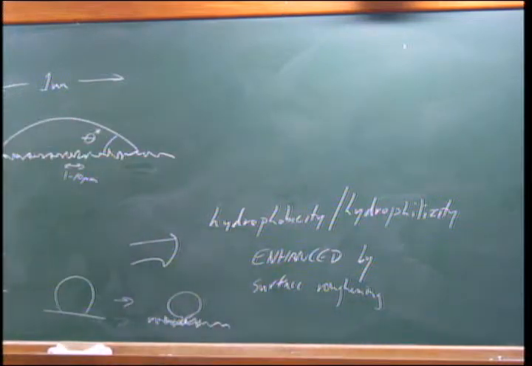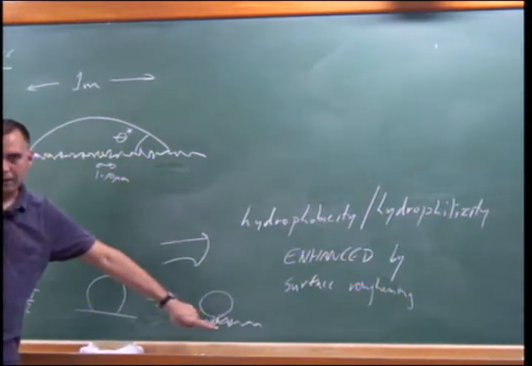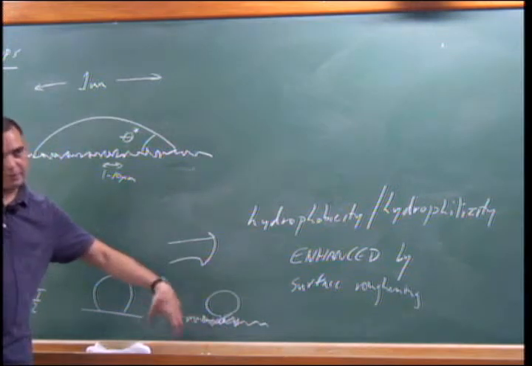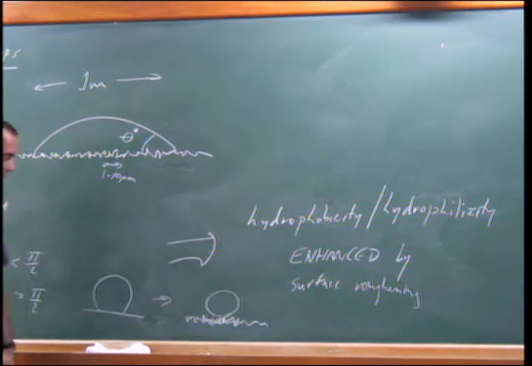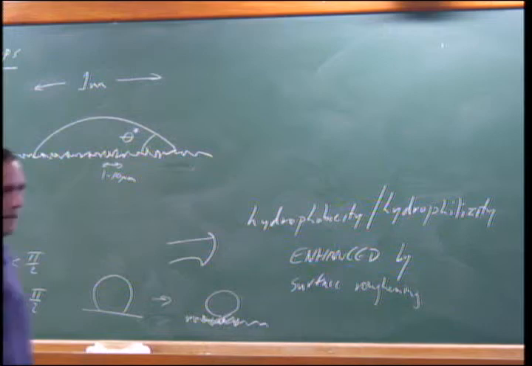Okay, so whatever the tendency of the surface, roughening it is going to accentuate that, right? And so again, in the case of plants, plants are waxy, which makes the contact angle greater than pi by 2, and then by making them waxy and rough, you accentuate that tendency, and so you really increase the contact angle. Okay?